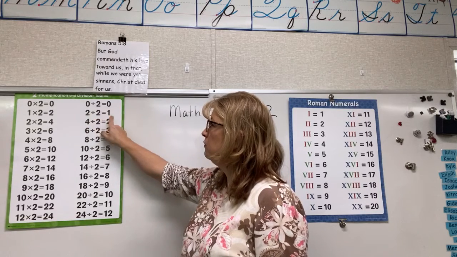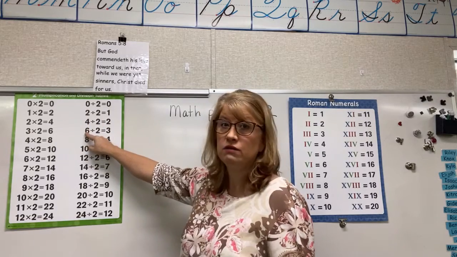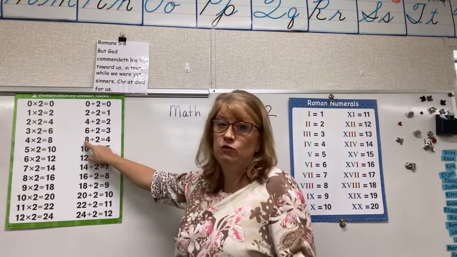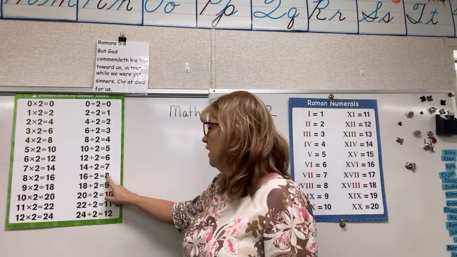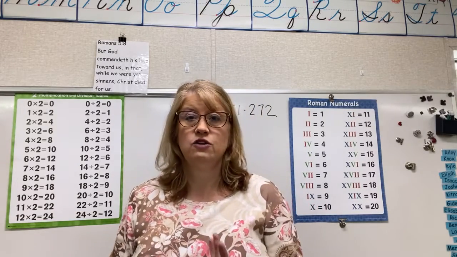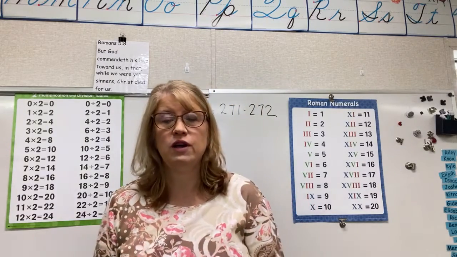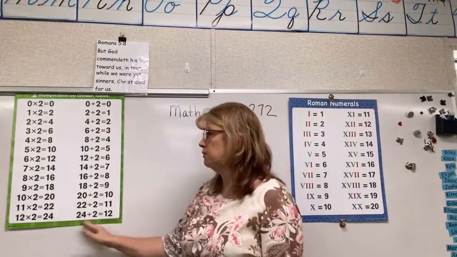Take half of 2 would be 1. Half of 4 would be 2. Half of 6 would be what? 3. Half of 8 would be what? 4. Half of 16, 8. You're just taking half. That is how you divide by 2's. If you think of it that way, you'll ace this and you'll have these memorized before long.